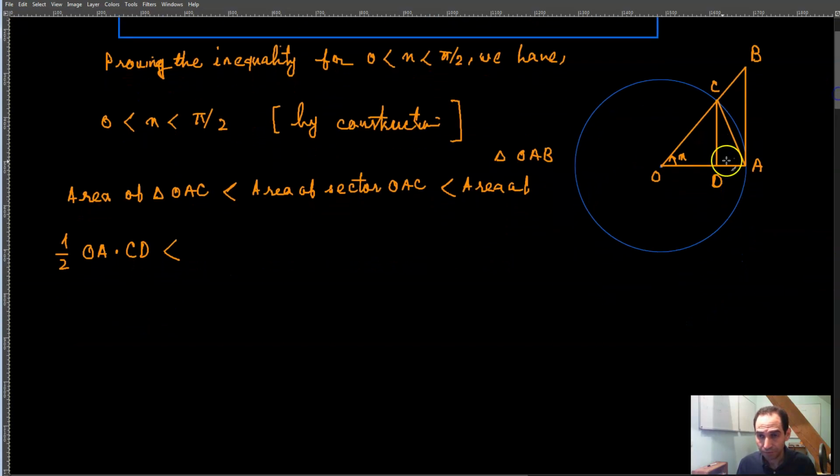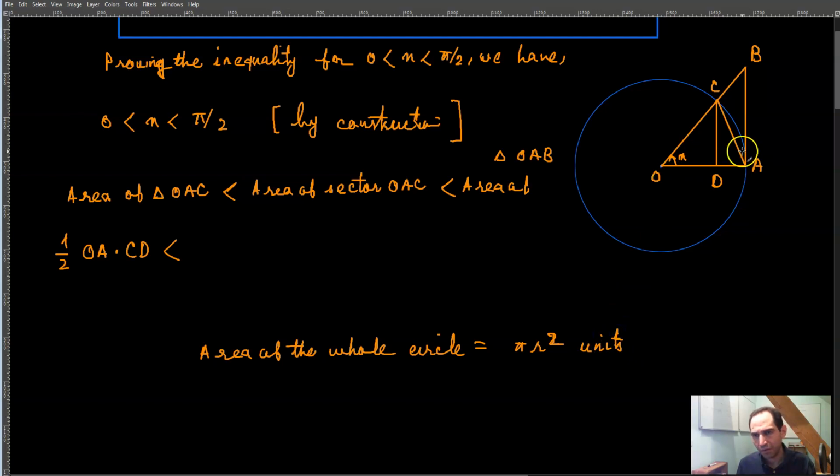The whole area of the circle is pi r squared square units.